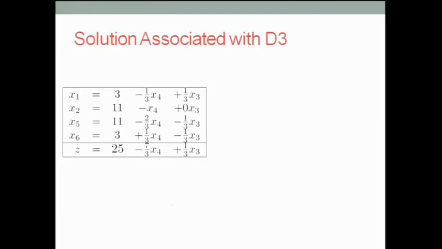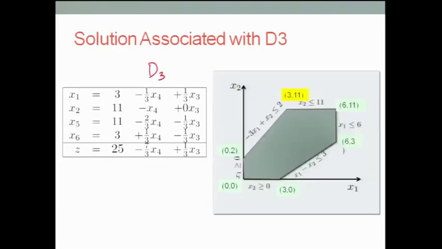Now, if that's clear, then let's look at the solution that's associated with this new dictionary that we are going to call D3. The solution associated with D3 is x1 equals 3, x2 equals 11, x3 equals 0 because it's here, x4 equals 0, x5 equals 11, and x6 equals 3.